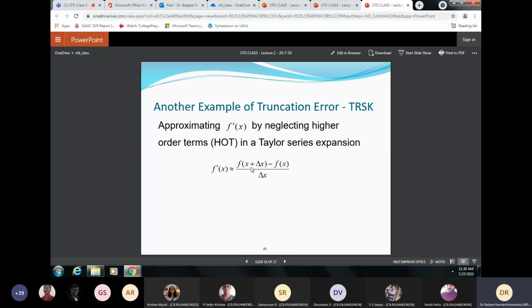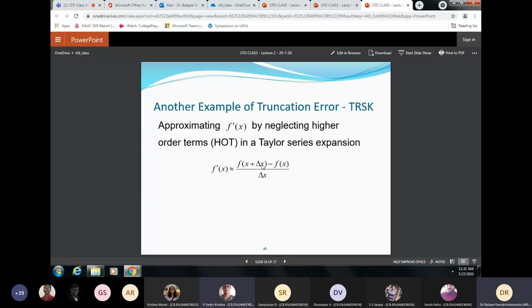What is the Taylor series expansion? f prime x is equal to f of x plus delta x minus f of x, by delta x. Have you come across this somewhere? So in Taylor series, you have f of x plus delta x. You just take everything: f prime x into delta x, plus f of x becomes f at x plus delta x.